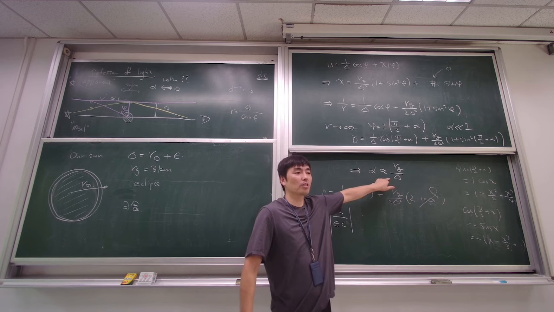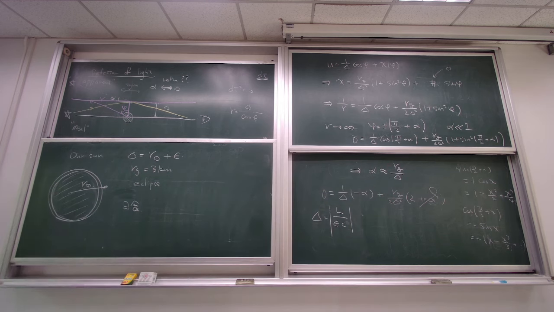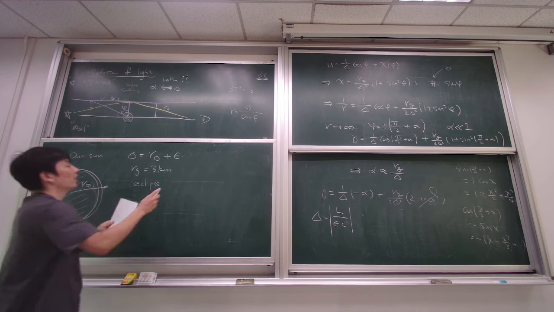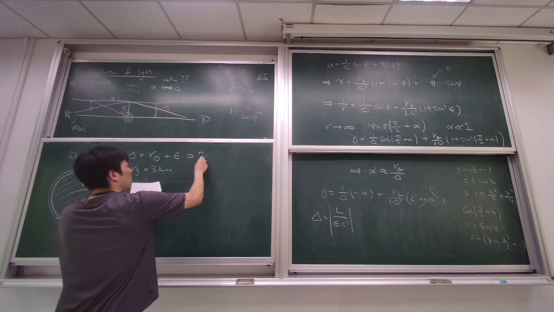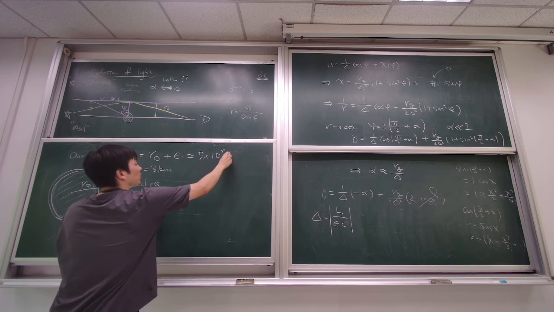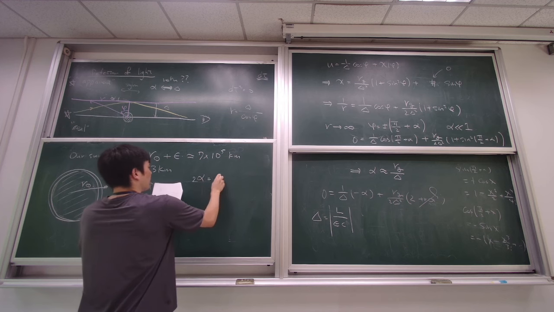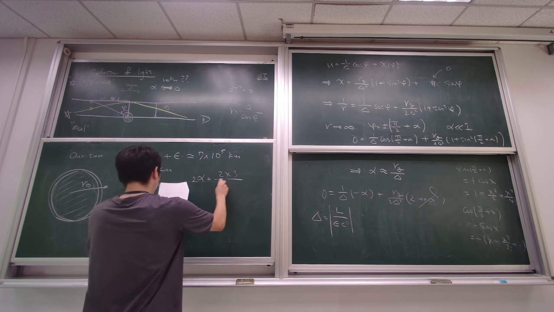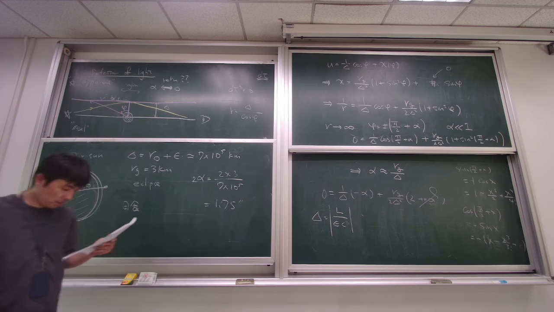And in this case, it's written here, RG is around 7 times 10 to the 5 kilometers. So therefore alpha is something like 2 times 3 divided by 7 times 10 to the 5, which is 1.75 arcseconds.